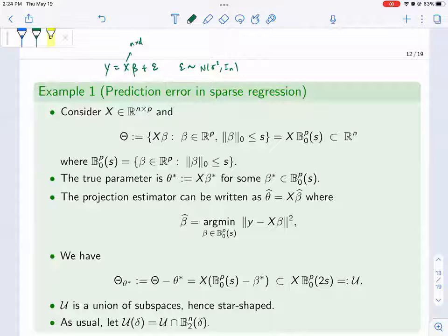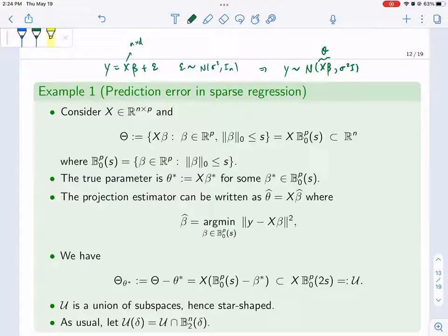So I can think of y as normal with mean x beta and variance sigma squared. You can think of this mean as theta. If you care about the prediction problem, it is recovering this mean rather than beta. So the prediction problem in regression or sparse regression is exactly a normal means model.